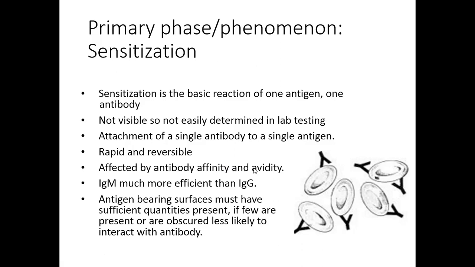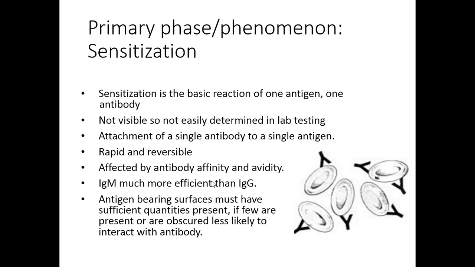So as a result, in the laboratory, if we're using reagents, IgM is a much more effective sensitization mechanism than IgG, because we have multivalent, we have 10 valence in order to bind and find antigens to bind to.